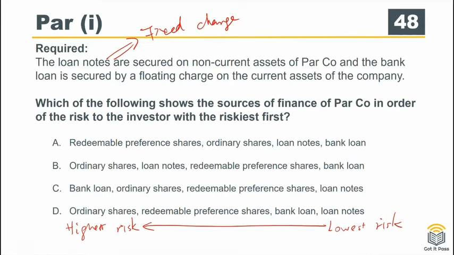Okay, so we can check. If it is the riskiest, in other words, when the company is going into liquidation, the creditor hierarchy is the key point.